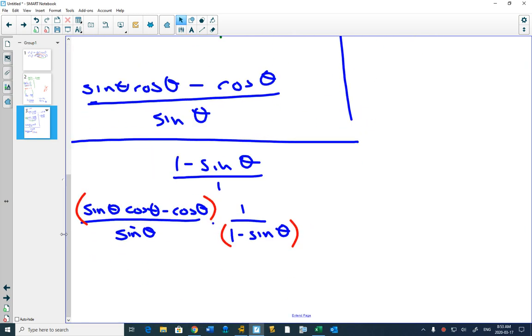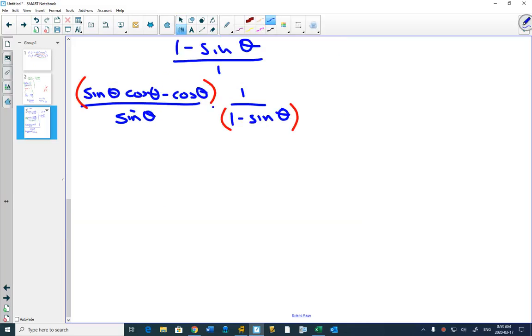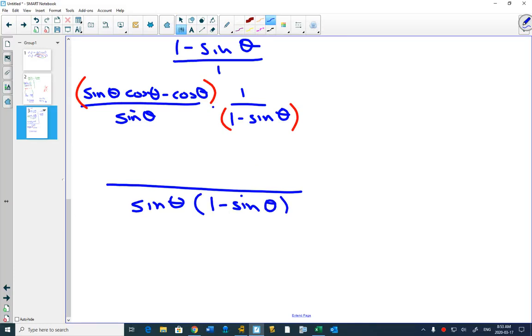At this point, I could say I'm stuck. I have basically, once this is multiplied out, a single fraction on both sides. If I did multiply this out, I wouldn't distribute the bottom because one of our strategies is factoring. I probably would just write that like that.